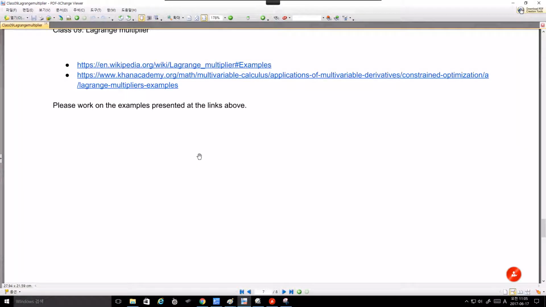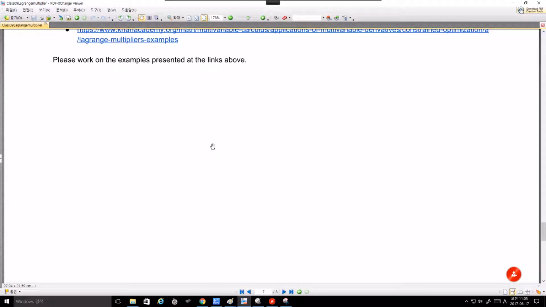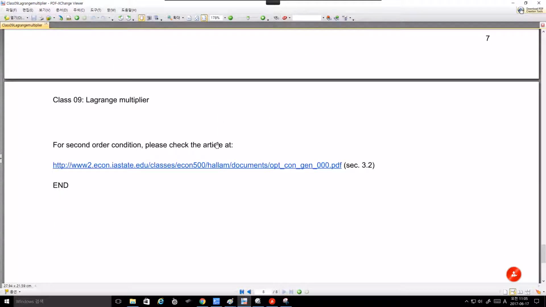Okay, we learned the examples. And next, how about the second order condition? Once you solve the Lagrangian, it tells you the solution is a critical point. But in the first order condition, in which the gradient of the Lagrangian is 0, we don't know whether it's a maximum, minimum, or saddle point.